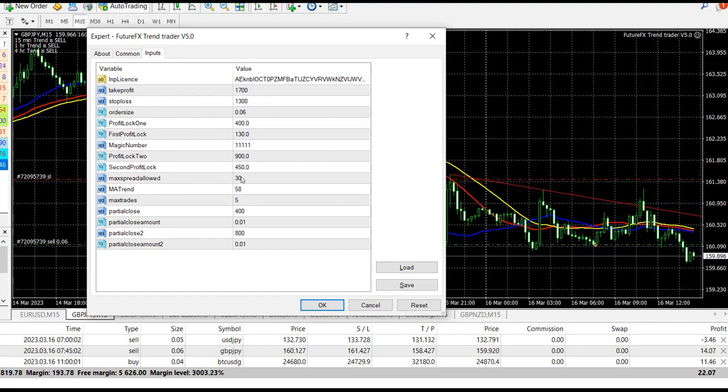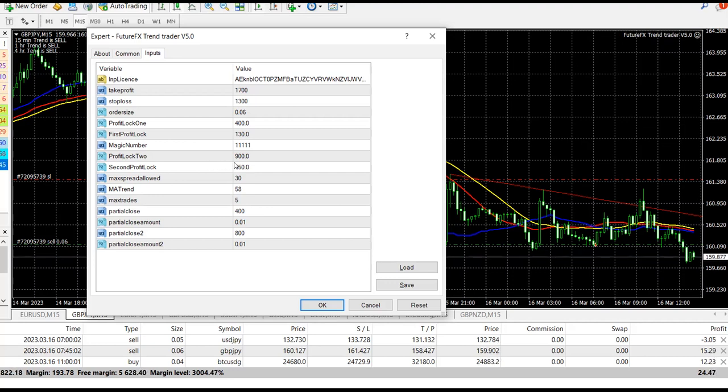Maximum spread allowed. For all the Forex pairs, you can leave the default at 30. On gold, if you decide you want to trade gold, gold is one of the pairs that you will have access to optimized settings for if you're in our paid community.